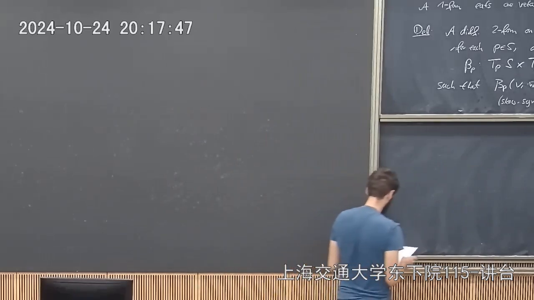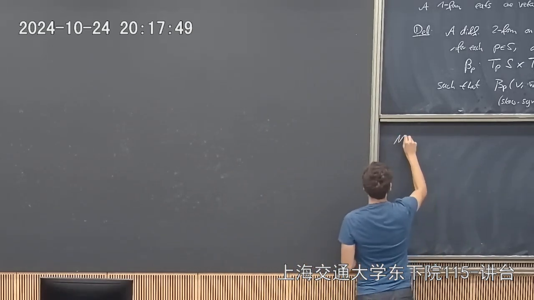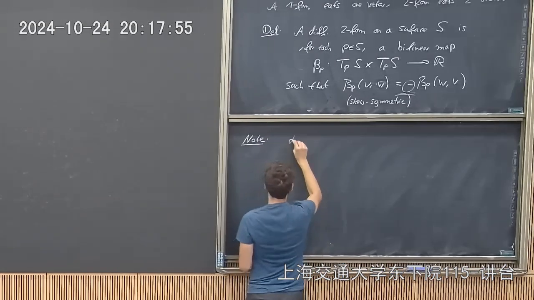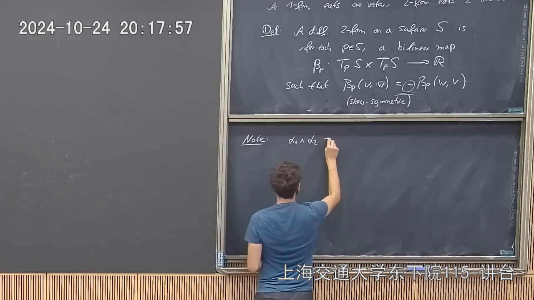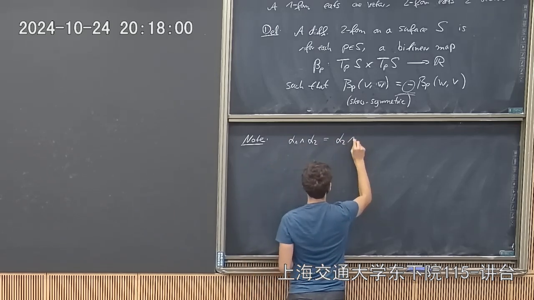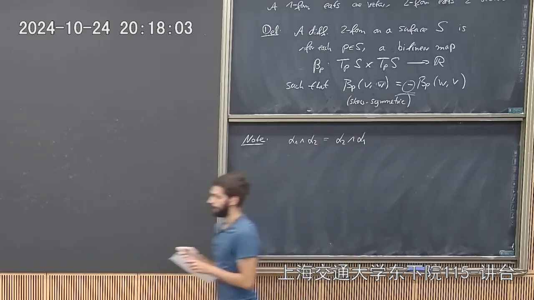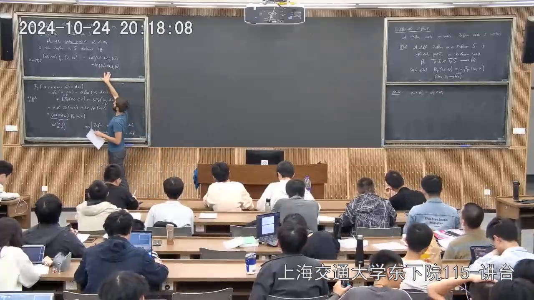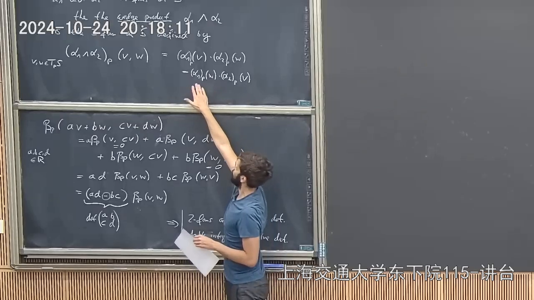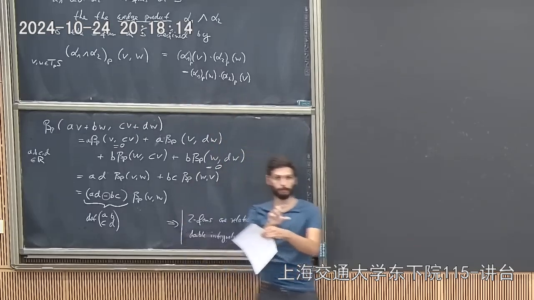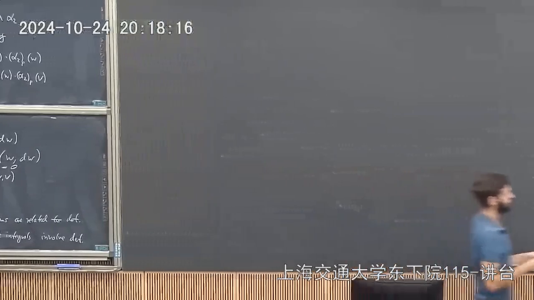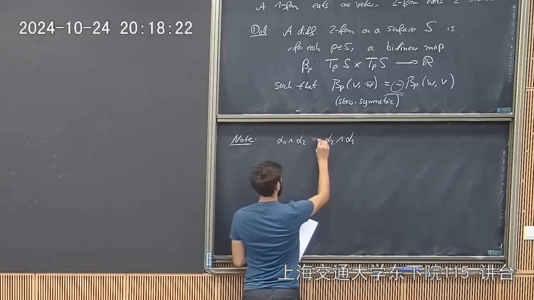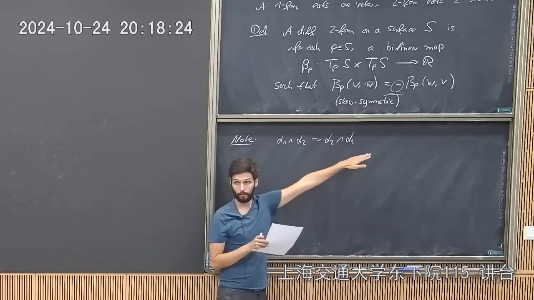And the nice thing is that we have certain properties, namely that alpha 1 wedge alpha 2 equals minus alpha 2 wedge alpha 1. If you just look at the definition, if you interchange not the order of V and W, but leave them fixed, and interchange alpha 1 and alpha 2, what you get is the same expression except with the minus sign. So that means that alpha 1 wedge alpha 2 is minus alpha 2 wedge alpha 1.